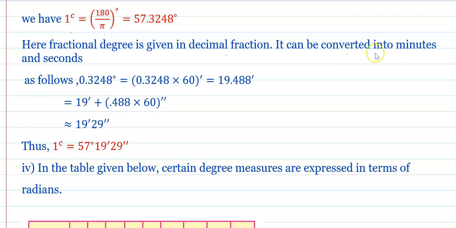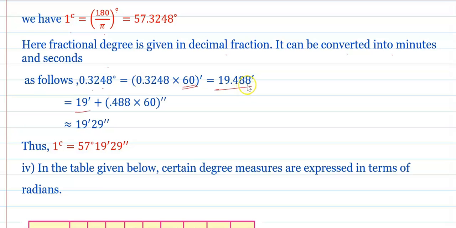Okay. Here the fractional degree is given in decimal fraction. It can be converted into minutes and seconds. For example, as follows, it is 0.3248. This is in degrees, we will first convert it into minutes and therefore we will multiply it here by 60. After the multiplication you will get 19.488 minutes. Again we will convert this minute into seconds. Here it is 19 minutes.